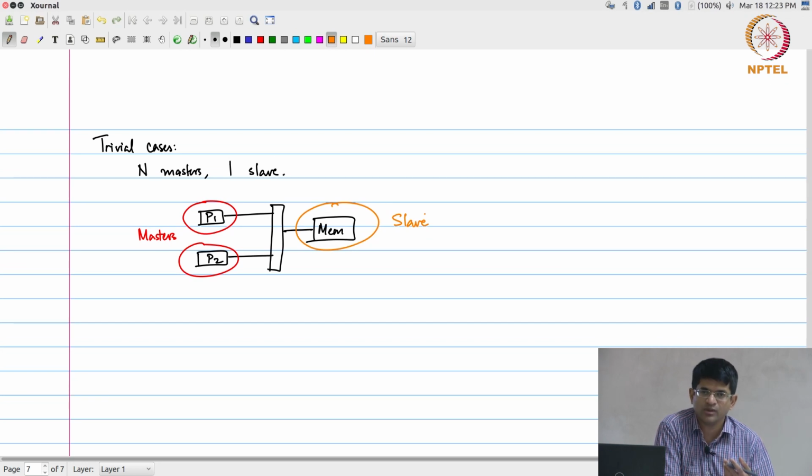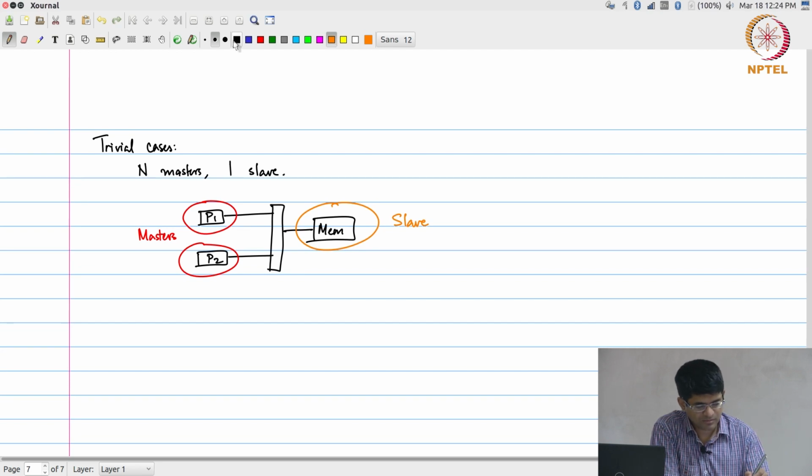So, any time that somebody wants to either put data in there or get data out of it, they will make a request, right. The memory by itself is not going to volunteer information. So, it is a slave in this case, very clearly defined. If I have two different CPUs, both of them potentially at any point in time might want to read some data from the memory, therefore, they are both potential bus masters.